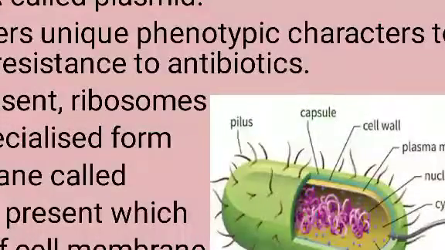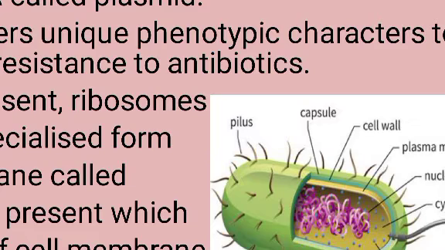You can see that in the picture also. What is present here? Cell wall. This is the cell wall, and then a plasma membrane is also present in the prokaryotic cell, except the mycoplasma. The mycoplasma are not surrounded by any cell wall, but the other prokaryotic cells are surrounded by a cell wall as well as a cell membrane.